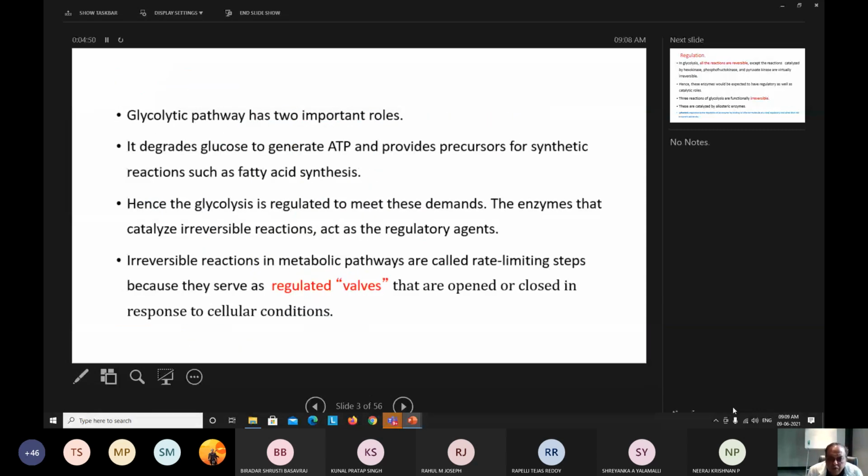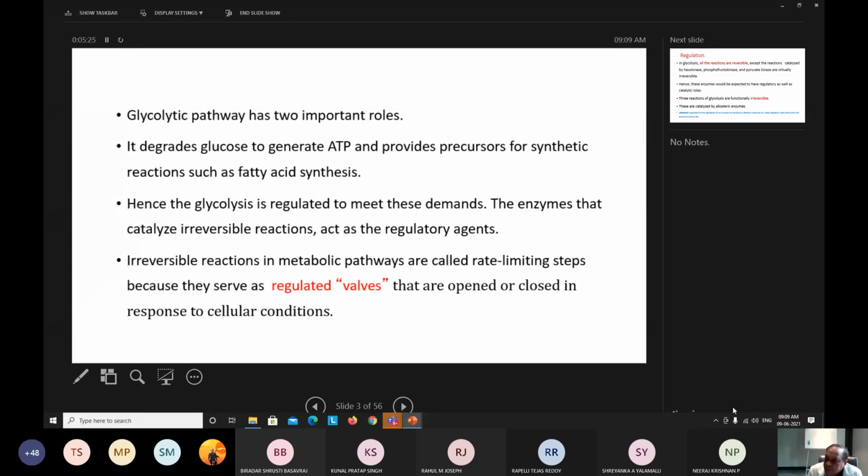The glycolytic pathway has 2 roles to play: one is the generation of ATP, and the other is providing precursors for other things, like the formation of fatty acids for lipid purposes. The enzymes which carry out these reactions themselves act as the regulating parts.